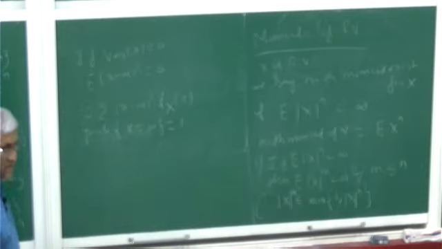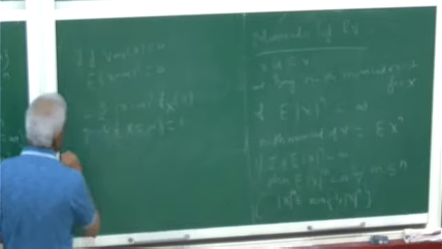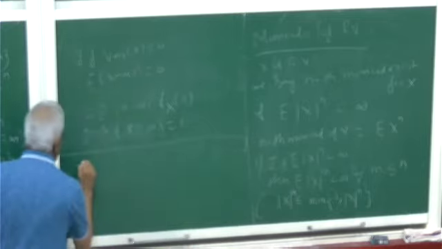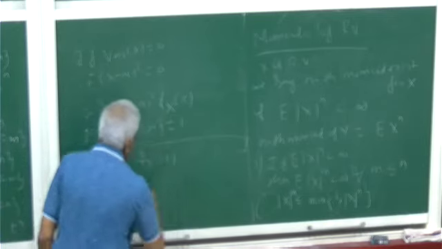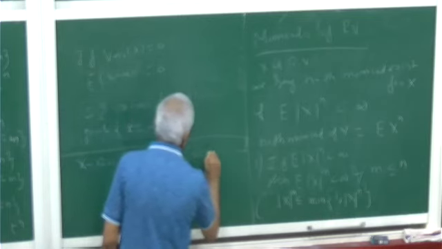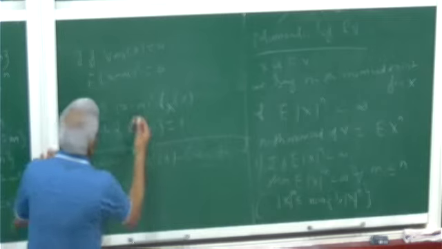So is there anything else to say? If there is anything else to say, I will say it later. So let us discuss this moment generating function. x is a random variable, and phi_x(t) is the moment generating function. Then we can get any nth moment, but we are interested in the mean and variance: the first moment and the second centralized moment.